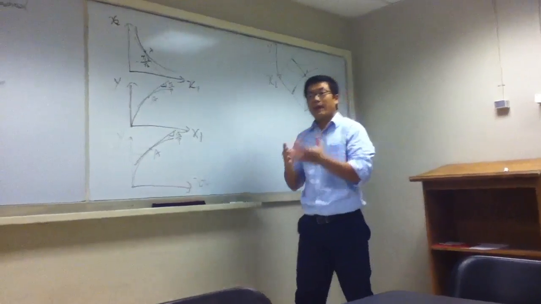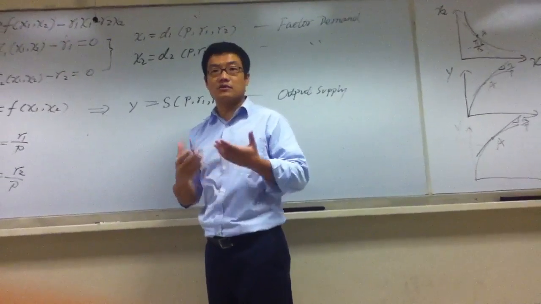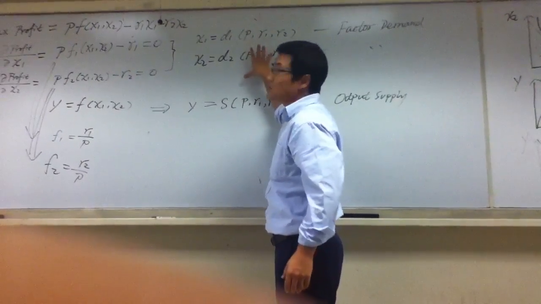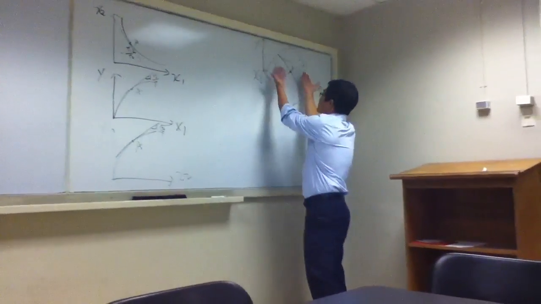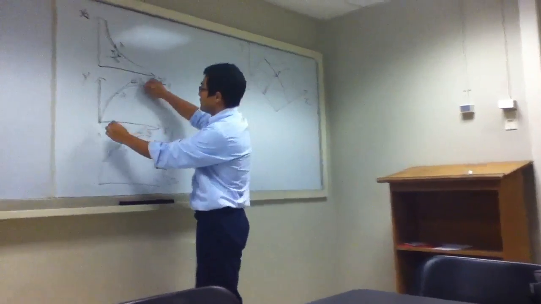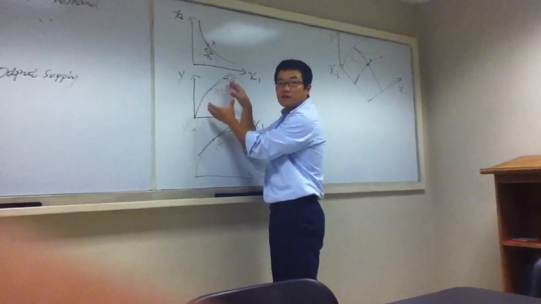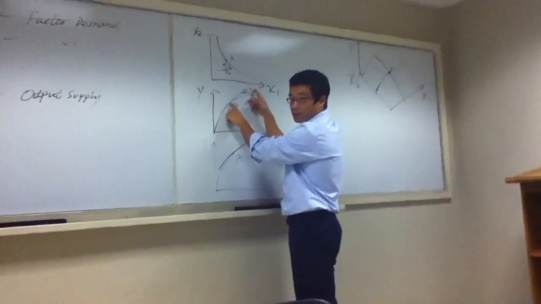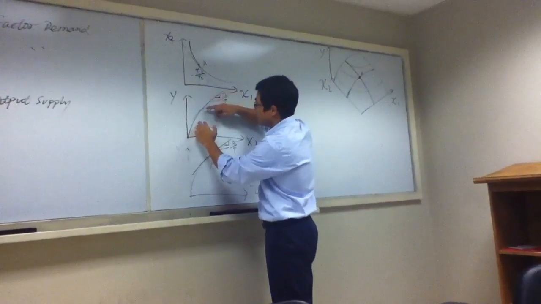For example, if this line is flat, not that much curvature, then if the price of r1 goes up, your response will be much more dramatic because it's flat, you're going to move quickly.